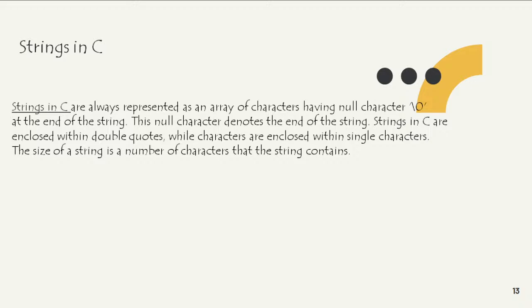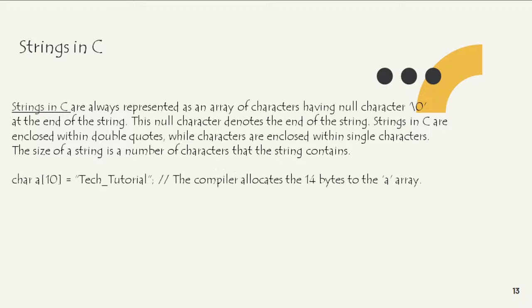Suppose I am given "tutorials", so we spell it as tutorials. Now if I ask the size of the string, the compiler will return 9, because this string consists of 9 characters.